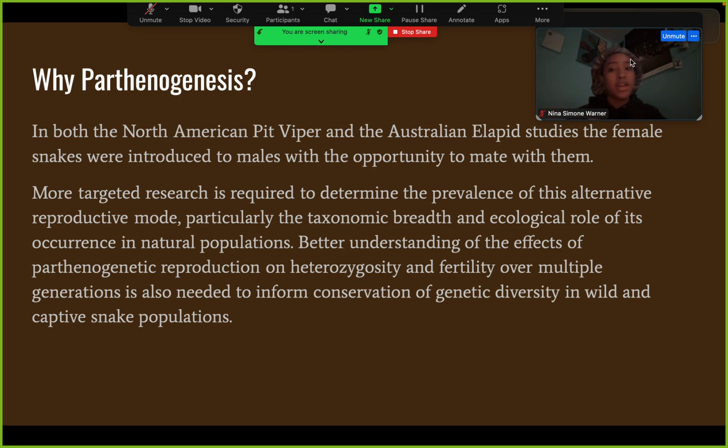Both snakes, in the family of the American pit viper and the Australian elapidae, did have the opportunity to mate with males. However, they didn't. And American pit viper populations are usually heavily male-based, so the probability that the females aren't coming across the males is very, very low.